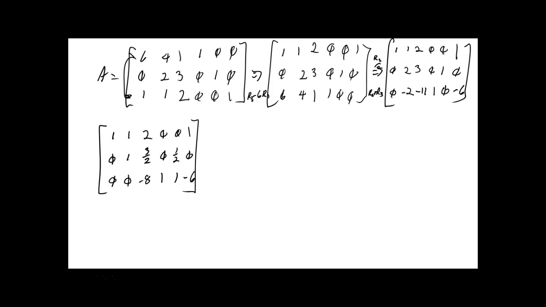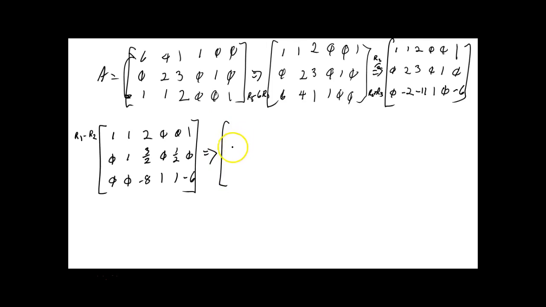What do you want to happen next? That one above that leading 1 in row 2 needs to be a 0 too. So how are we going to do that? Row 1 minus row 2. That'll work, won't it? All right.